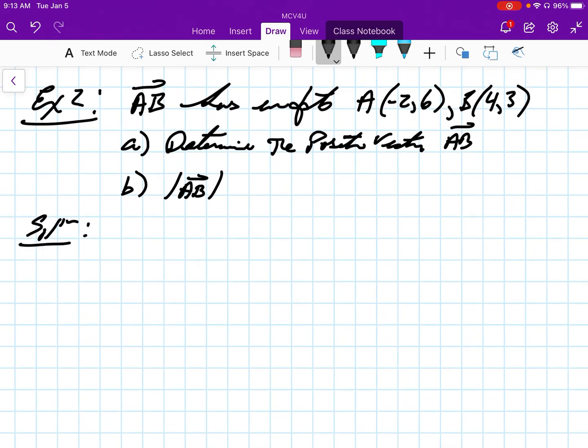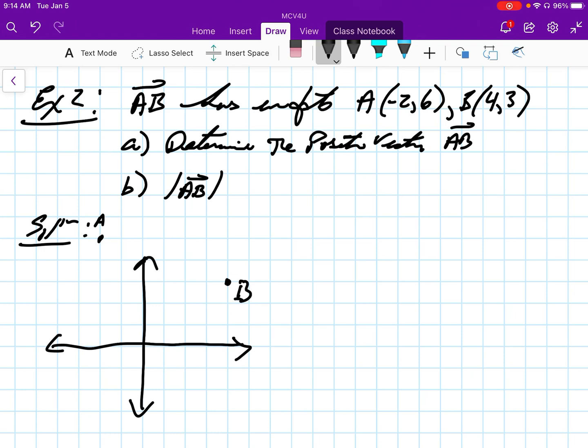If we look at the points, we'll just very quickly draw in our coordinates, and we say -2, 6. So -2, 1, 2, 3, 4, 5, 6. It's up here. There's our A. Then 4, 3: 1, 2, 3, 4, 1, 2, 3. There's our B in this one.